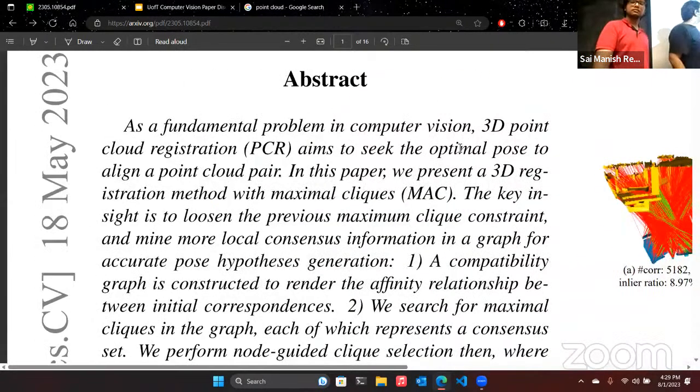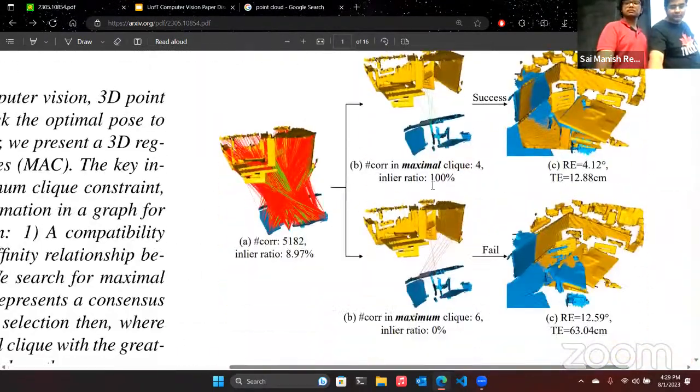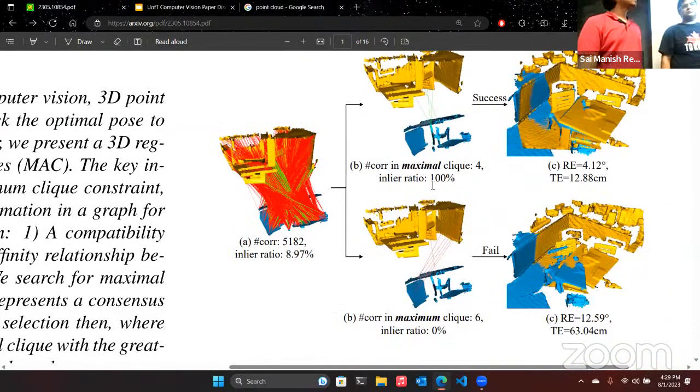Figure one also shows that. They have a 3D object, and then you position the camera at some point and take a scan of that 3D object, so you get a 3D point cloud of it, but only from a particular view.